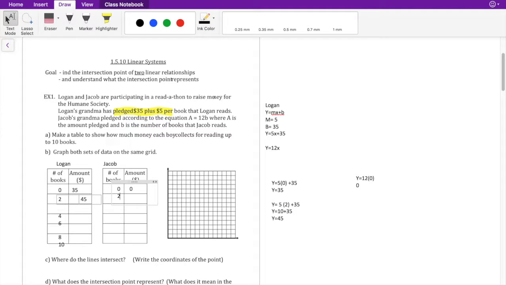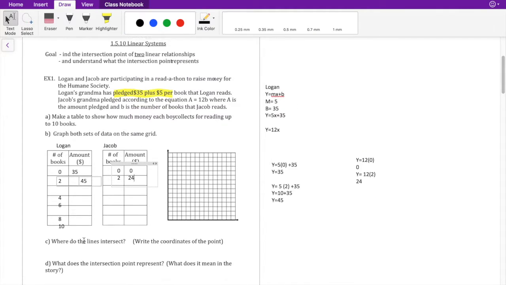Then at 2 books, we plug 2 into this equation. y equals 12 times 2, which is going to equal $24. So pause it here, and I want you to go through the last questions. Give it a big pause here, and we'll pick up.